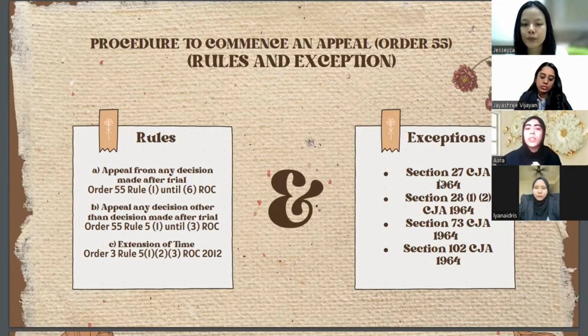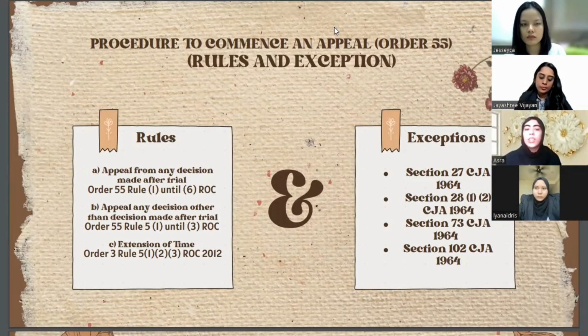The third one is Section 28 Clause 2, which states that an appeal shall lie from any decision of a subordinate court in proceedings relating to maintenance of wives or children, irrespective of the amount involved. In short, where the amount in dispute or value of the subject matter is around RM10,000 or less, no appeal shall lie unless the matter involves a question of law or written law.